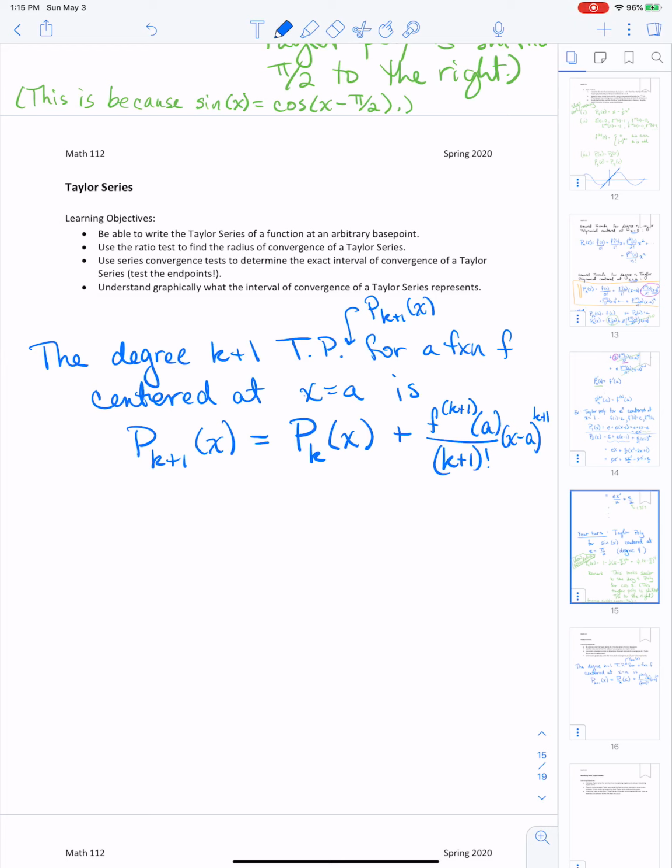And so here we can say Pn of x in summation form is just equal to the sum from k equals 0 to infinity, sorry, not 0 to infinity, 0 to n.